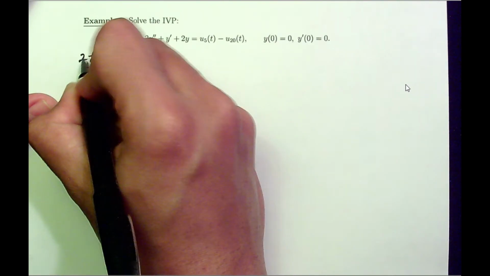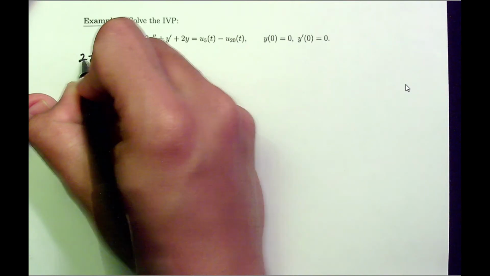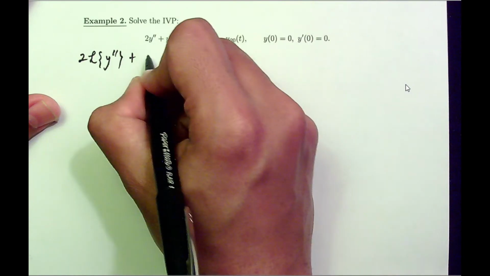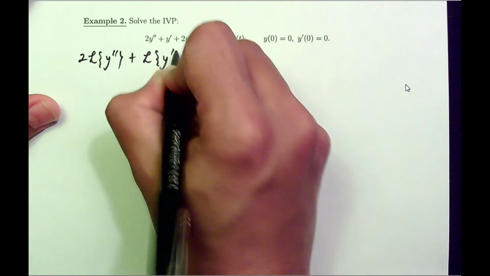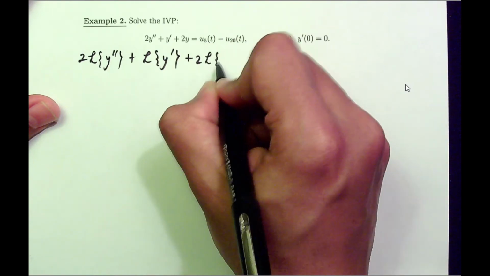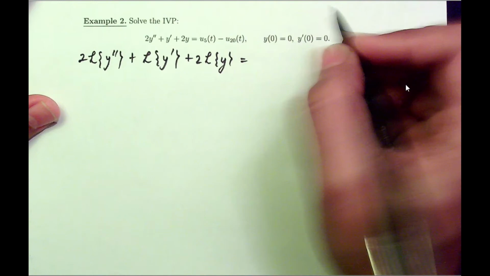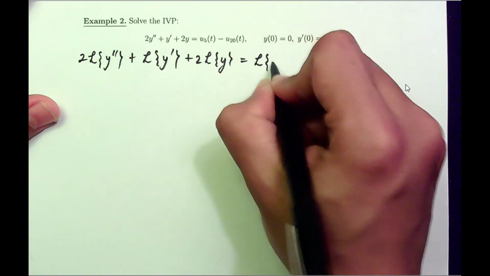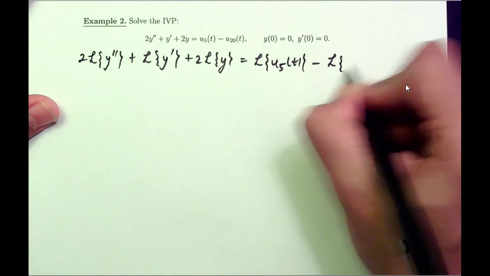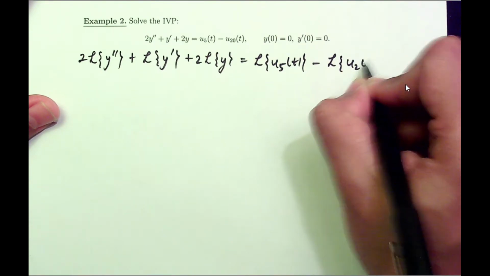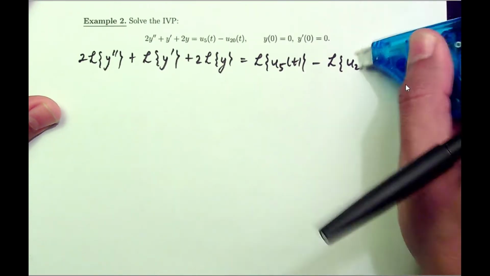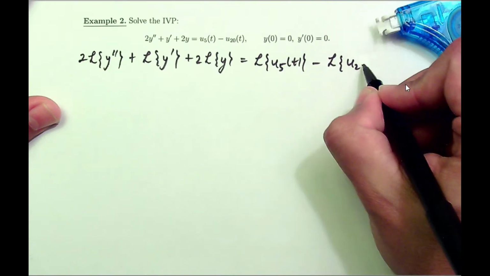So using linearity, 2 times the Laplace transform of the second derivative, plus the Laplace transform of the first derivative, plus 2 times the Laplace transform of y is going to be equal to the Laplace transform of u5 minus the Laplace transform of u20. Oops, I meant to write u20.